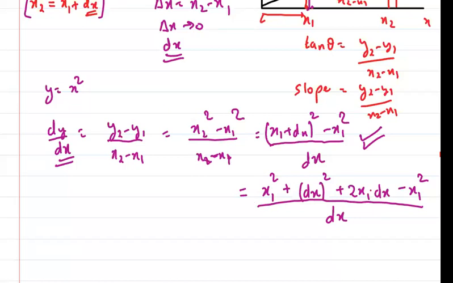Now can I say, sir, in this x1 square and this will get cancelled, right? Now let me think. Suppose I'm having 0.00001, and this is again multiplied by 0.00001. Tell me, the multiplication of two very small numbers will give you what? 0.0000000001, right?